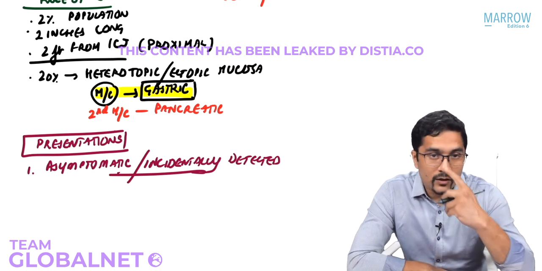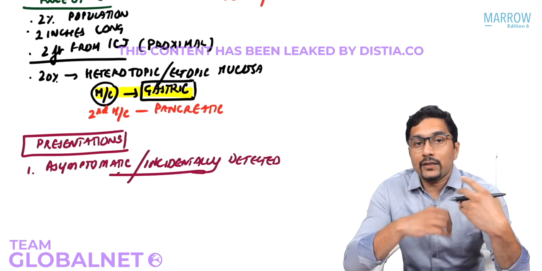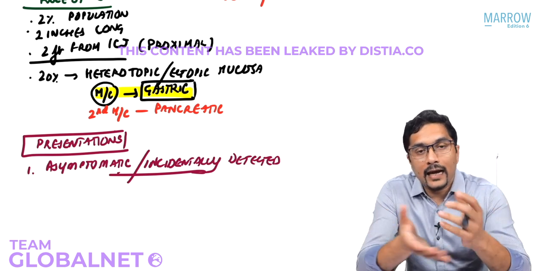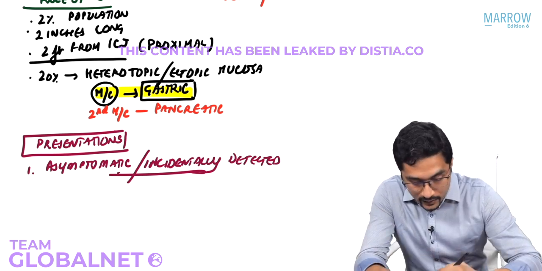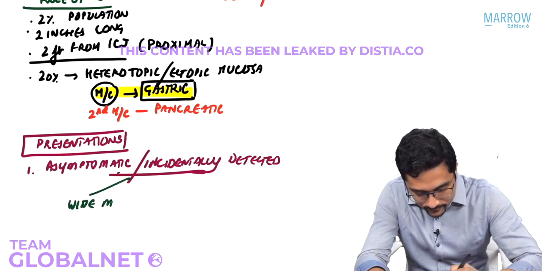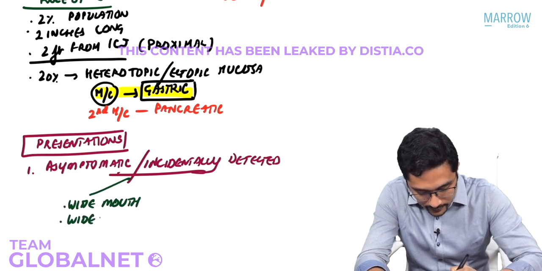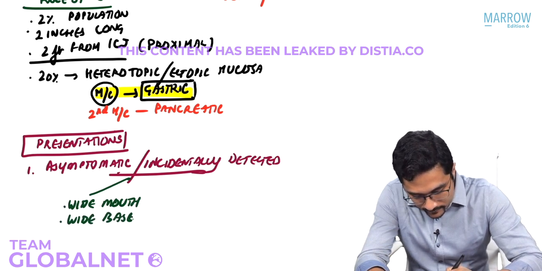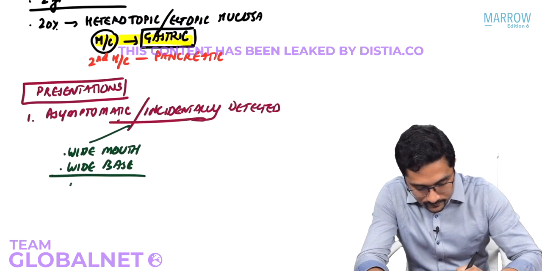Now, asymptomatic or incidentally detected, that means you're doing surgery for something else and you pick up a Meckel's diverticulum. Now, how do we take a decision there? If it has a wide mouth, a wide base, then we leave it.